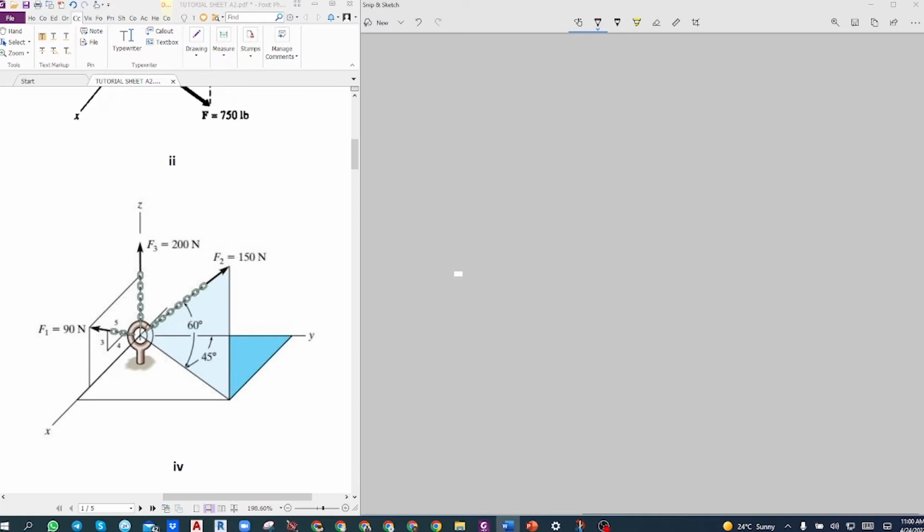We need to express F1, F2 and F3 in Cartesian vector form. Okay, then add them. That will give us the x component of each, and you will have the Cartesian vector form, and we'll find the direction angles of the resultant.